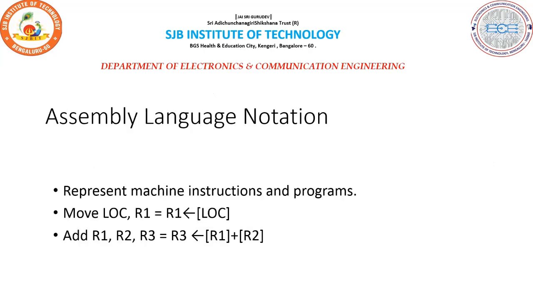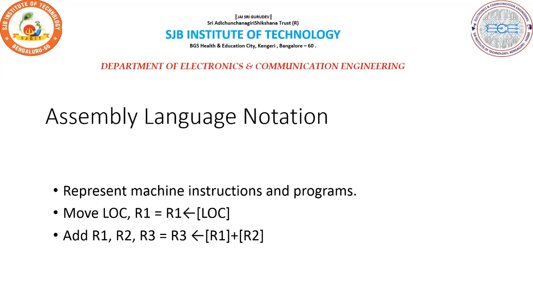Next is assembly language notation. In assembly level language we represent machine instructions and programs. Move LOC, R1 means the content of the memory location LOC is moved to R1. Add R1, R2, R3 means R1 and R2 are added and the result is given to register R3.